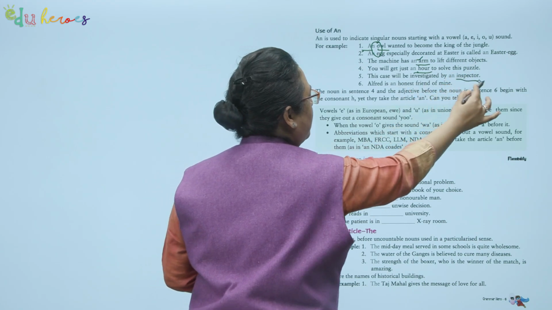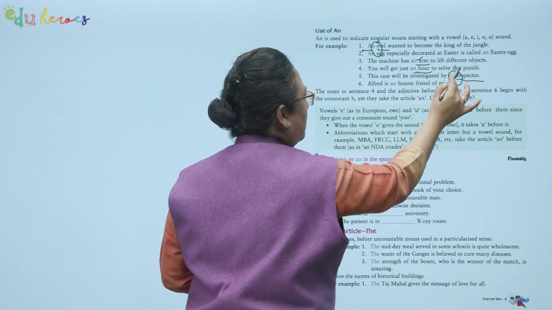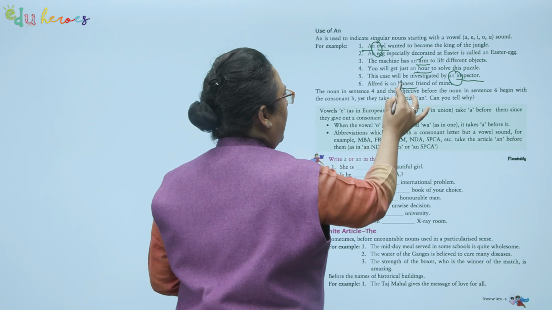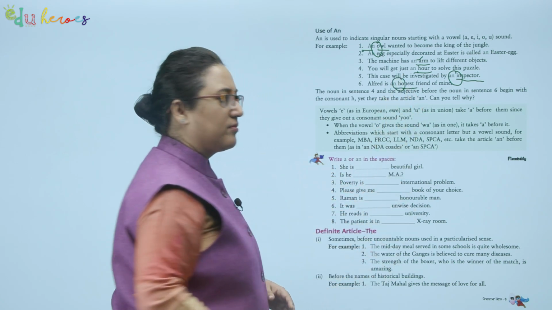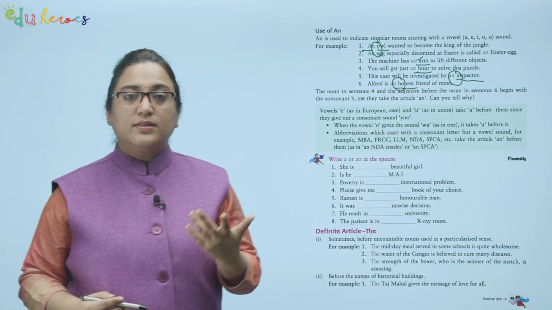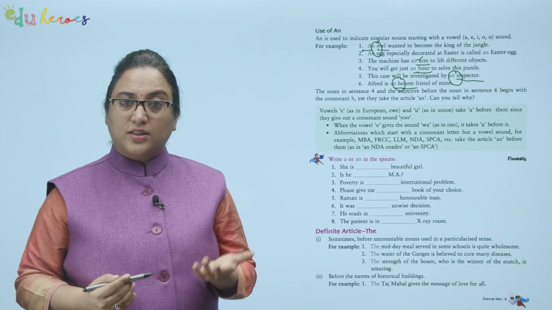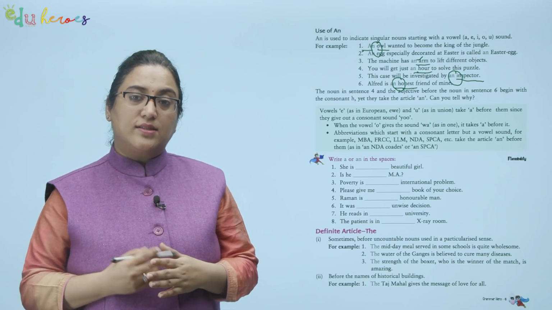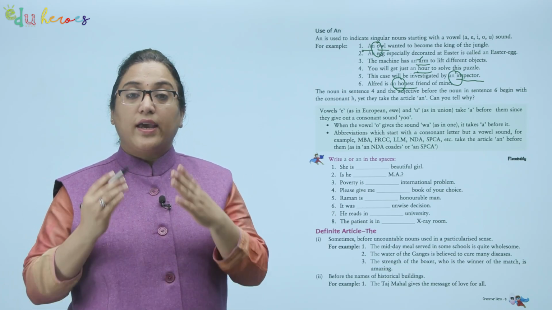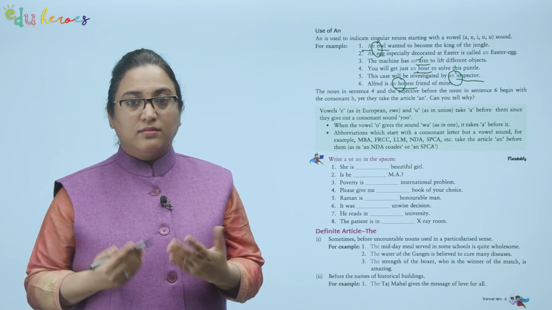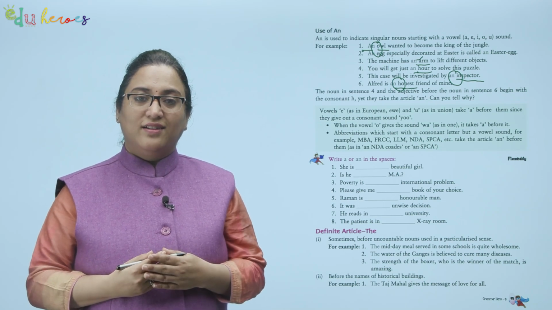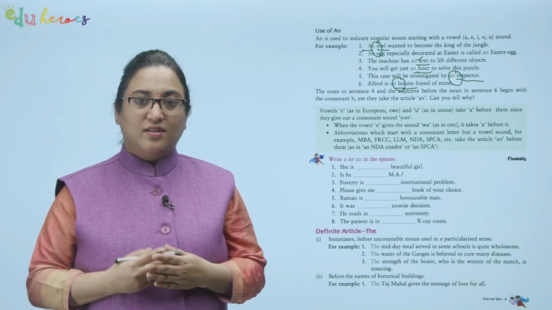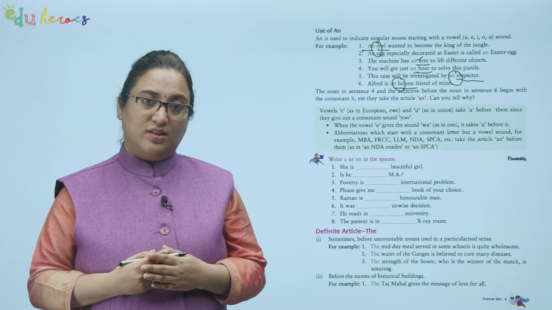Similarly, inspector, a vowel sound, and honest, again a vowel sound. The noun in sentence 4 and the adjective before the noun in sentence 6 begin with the consonant H. Yet, they take the article an, as we discussed, because it is the sound that we are focusing upon.